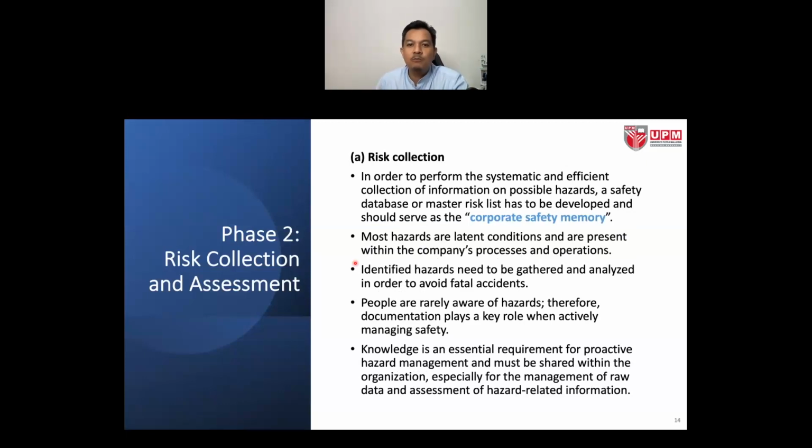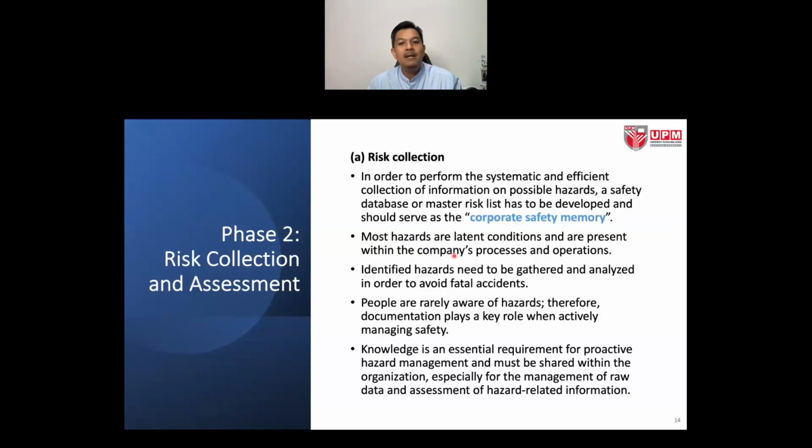So in order to perform the systematic and efficient collection of information on possible hazards, a safety database or master risk list has to be developed and should serve as the corporate safety memory. Most hazards are latent conditions and are present within the company's processes and operations.